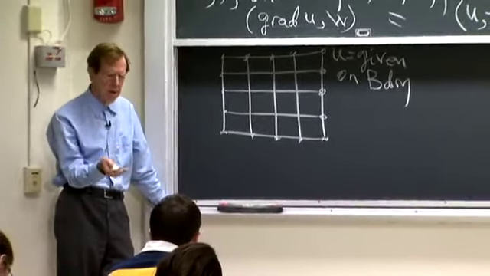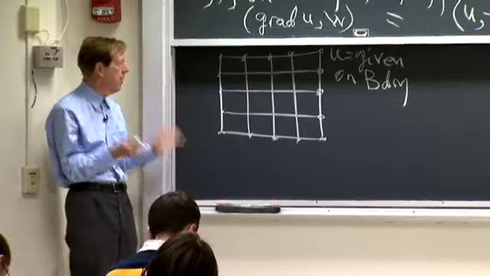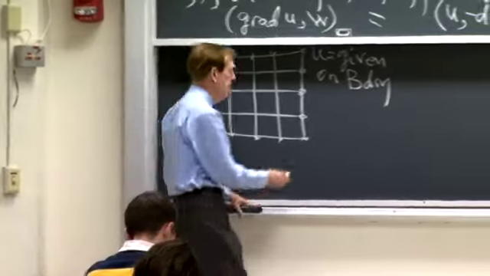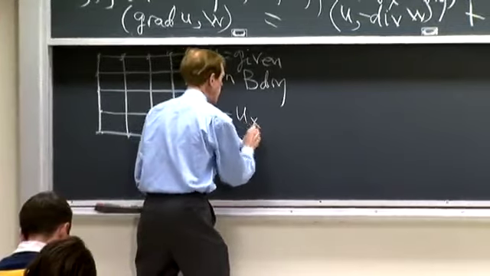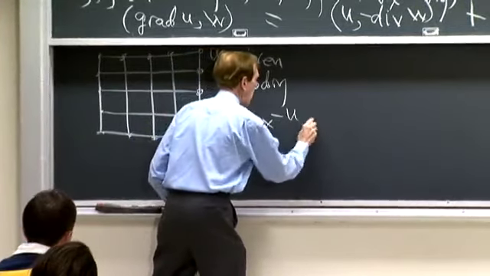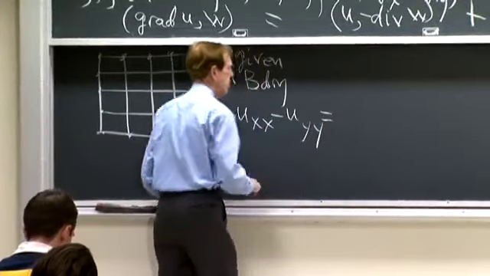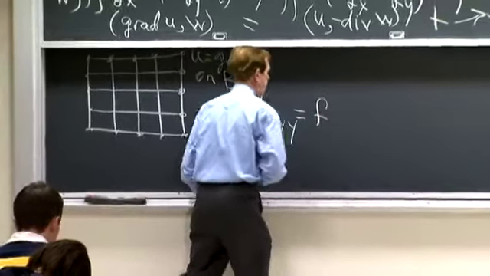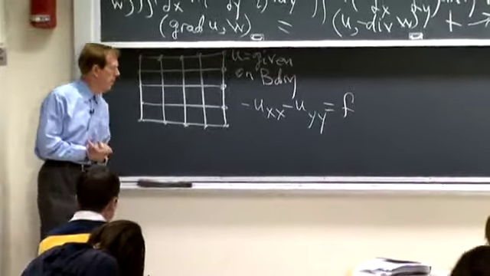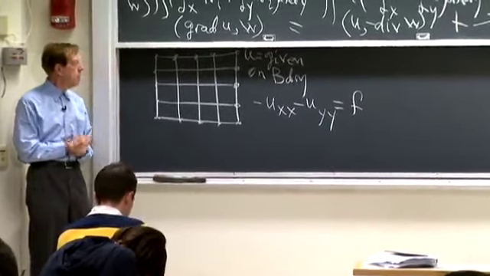I want 9 equations, and I'm thinking here about difference equations. So let me write my equation: minus uxx minus uyy equals some f. Poisson then.